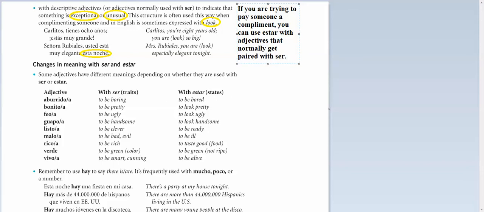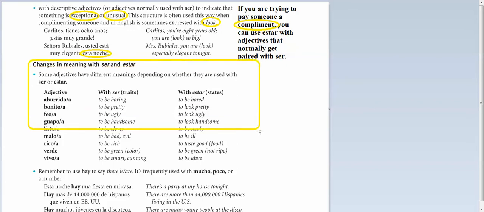Okay, so for compliment purposes, you're going to take those adjectives and stick them with estar. And here are some that change their meaning when used with ser and with estar. So I'm going to circle compliment here so that you remember that you can use these adjectives with estar when you're paying a compliment. And down here, some adjectives get used with both, they just change their meaning.